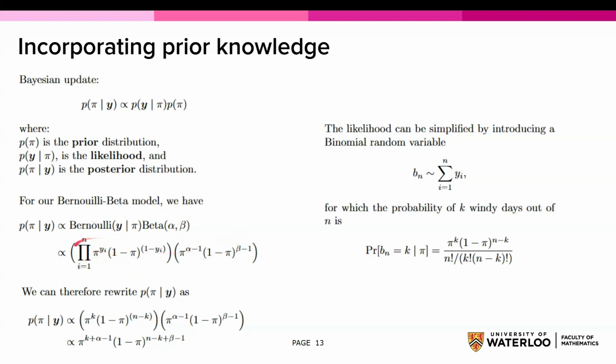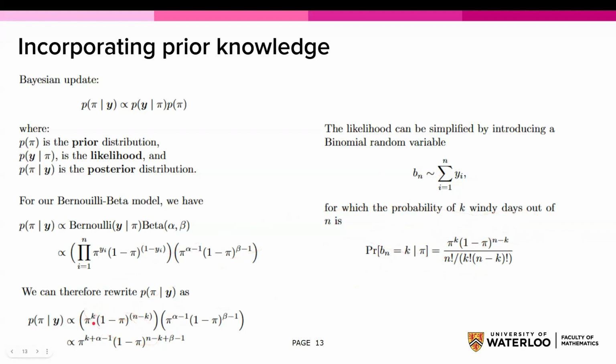But to simplify, we can simplify the math in here a little bit by introducing a binomial random variable. And this is going to represent the number of windy days out of n total days. So using the binomial distribution, we can write the likelihood of observing k windy days out of n as a function of pi. And yeah, so now we can swap that in down here.